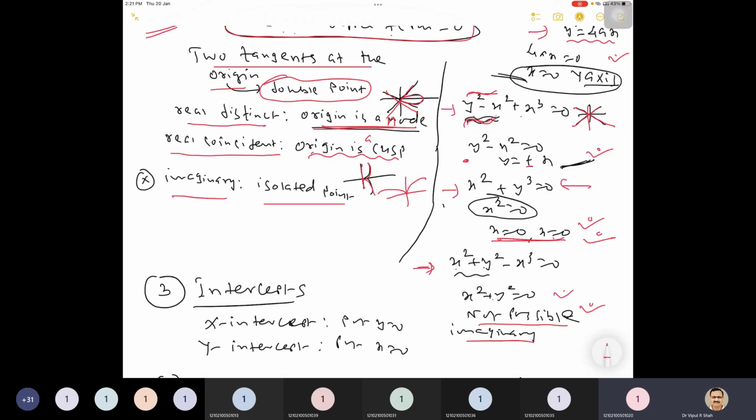That is very easy to find. To find the x-intercept, you should put y equal to 0 in the equation. And to find the y-intercept, you put x equal to 0 in the equation. So write down this part also, intercept. For x-intercept, put y equal to 0. For y-intercept, put x equal to 0.